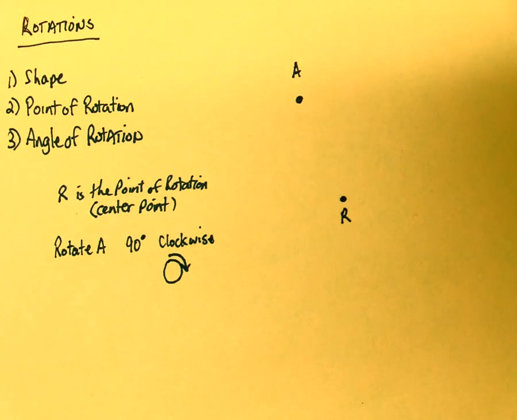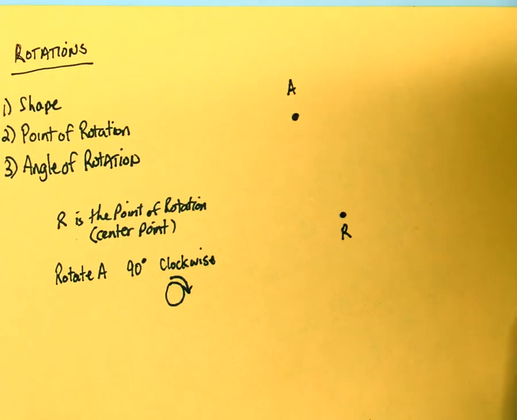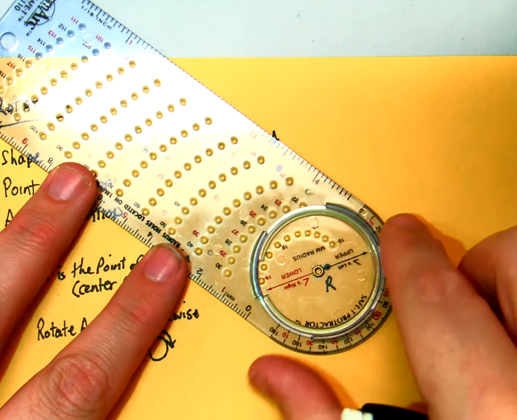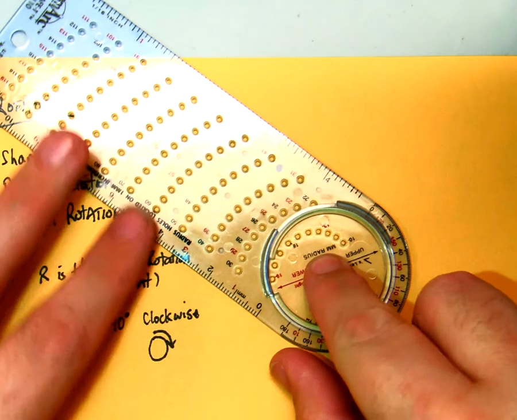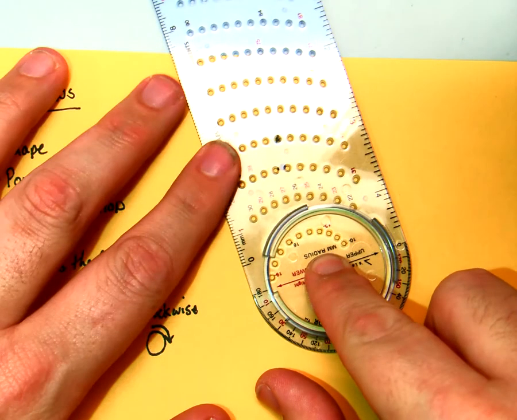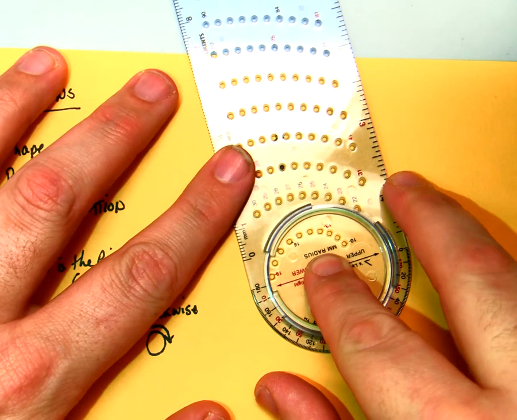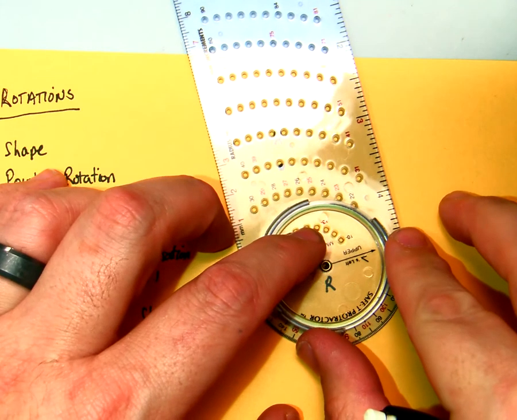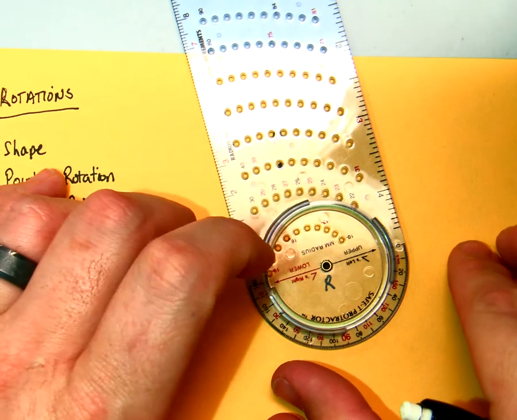Now, a couple things that you can do, and I'll just use the safety compass because you guys have this more than any other one. Alright, you put your center point, which is this point right here, on your point of rotation. And then you line up, alright, there's our center point at the point of rotation.